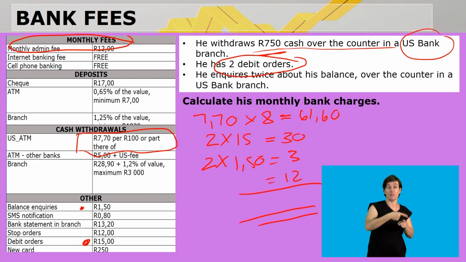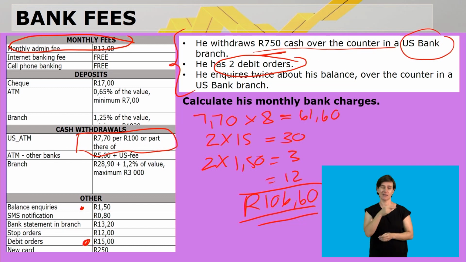So if we add this one's account together, it's going to be 61 Rand 60 plus 30 plus 3 plus 12. So that gives us 106 Rand 60 that he will spend if he only does those.